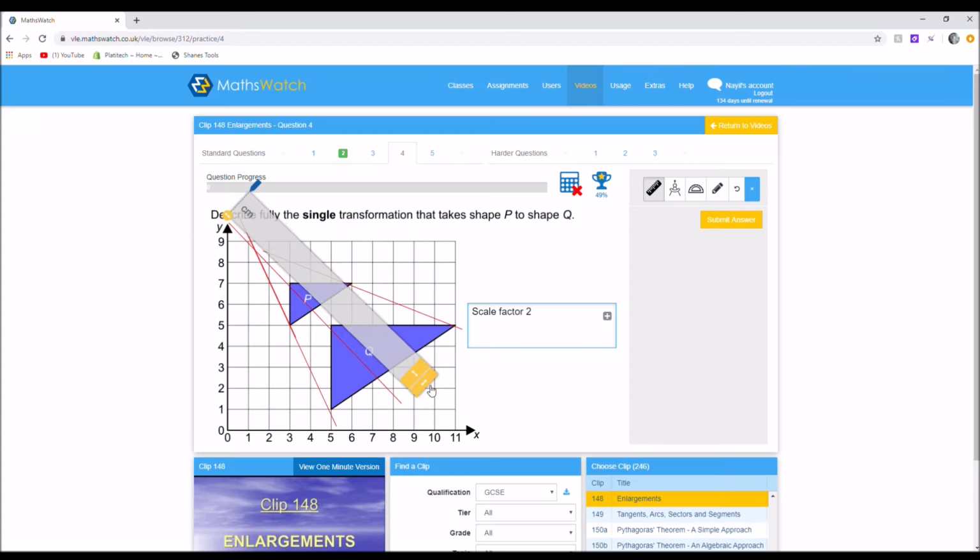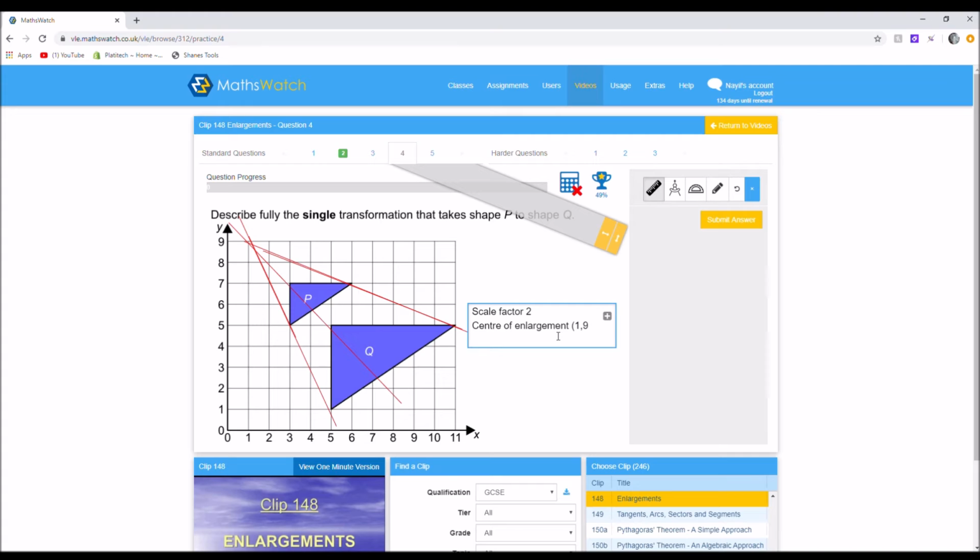And once again, the first one we just want to make sure it extends all the way, and you'll see why. What you can see now is all 3 of these lines join at this point here, which is 1, 9. So your center of enlargement is 1, 9.